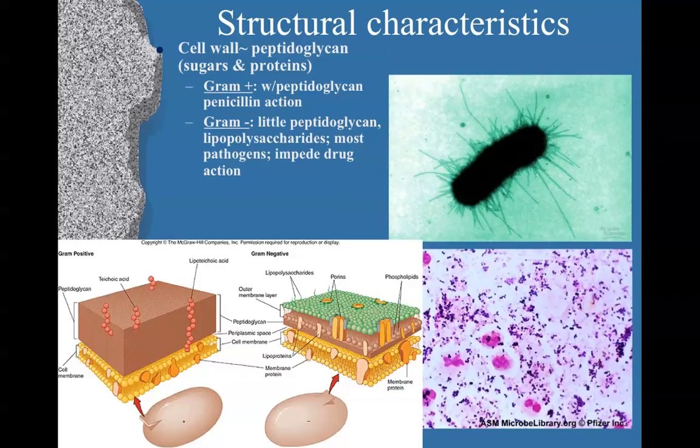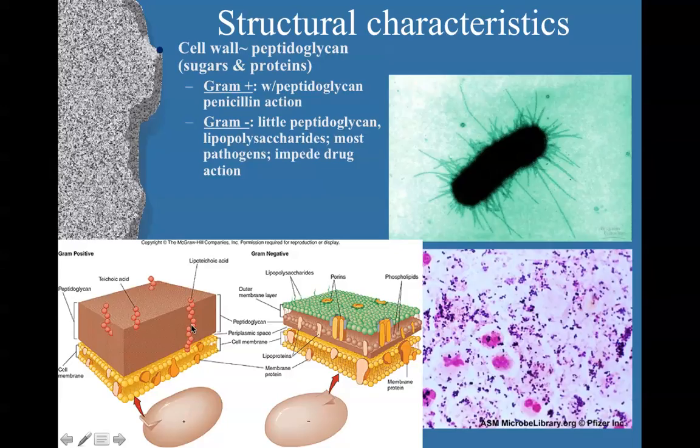These type of bacteria are called gram-positive bacteria, and the reason why they're called gram-positive bacteria is that when we put them into a stain called Gram stain, obviously made by a scientist named Gram, their color becomes this dark purple, and that's because the stain is able to attach and fix to the peptidoglycan.